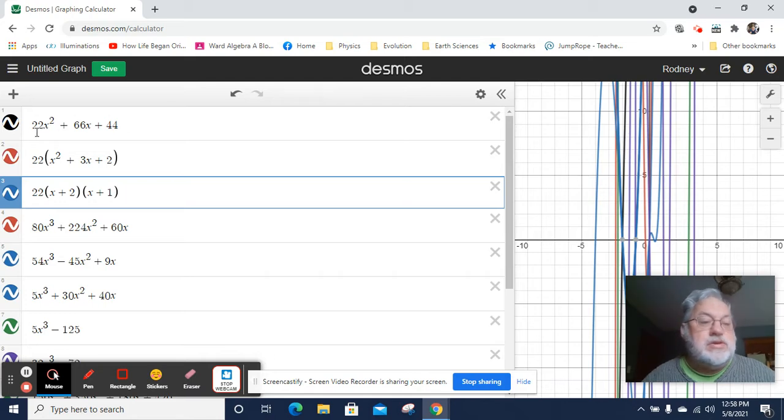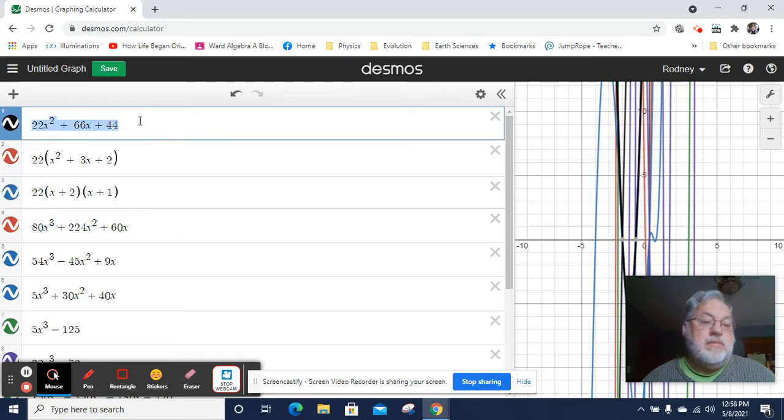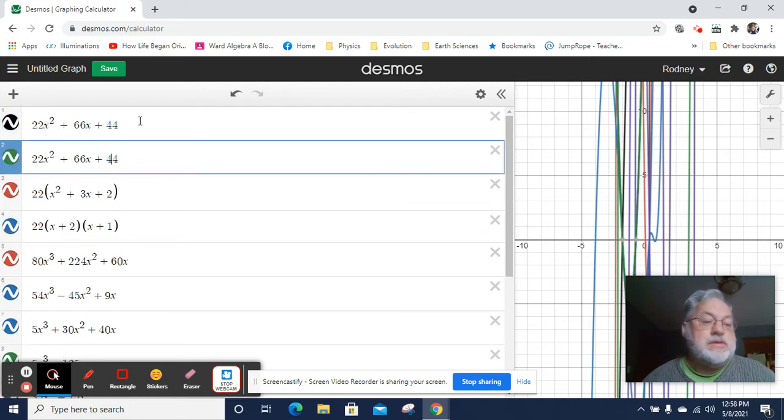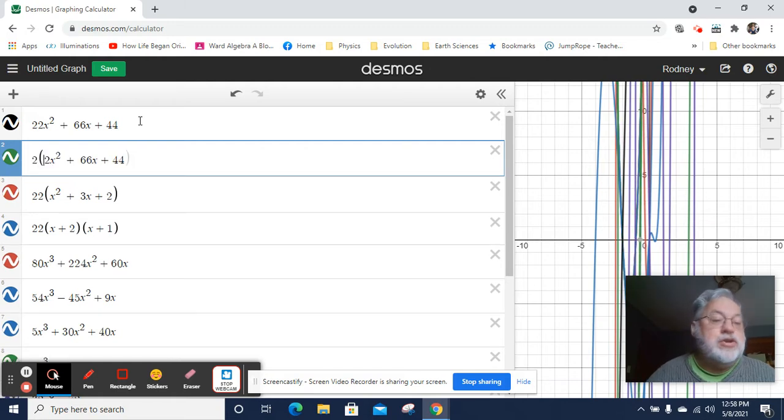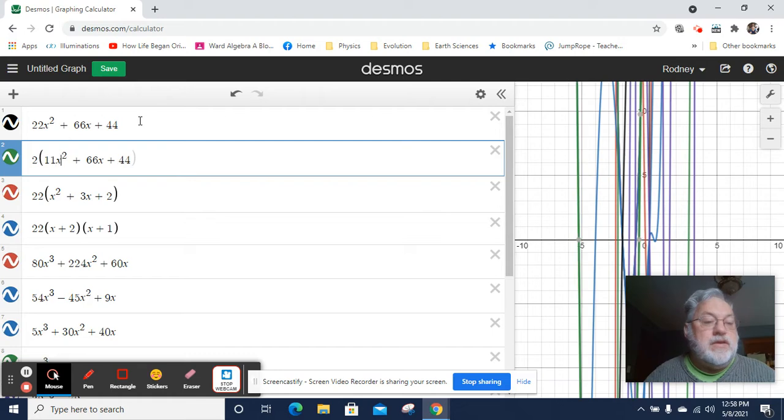Now, if you didn't notice there was a 22, maybe you would have noticed that there was a 2. I'll show you how that might have looked. You could have gone a couple of steps. Maybe you factor out a 2. So that becomes 11, that becomes 33, and that becomes 22.